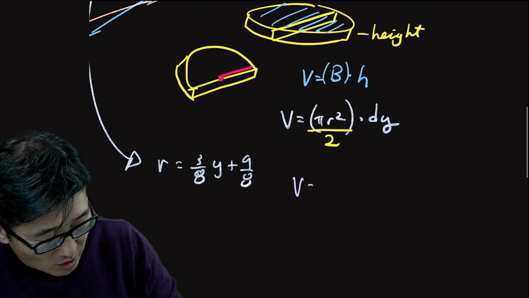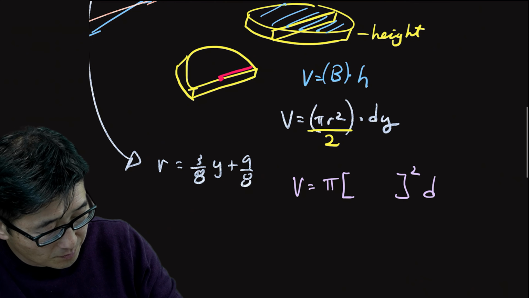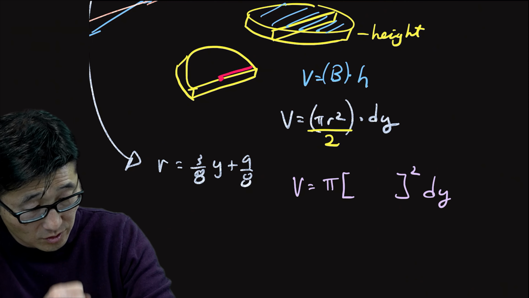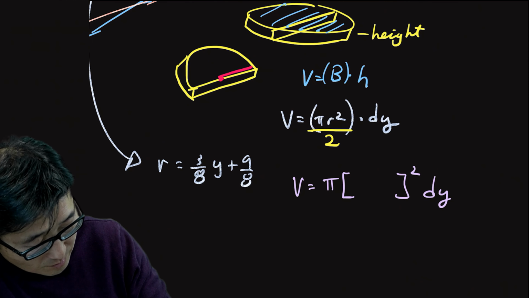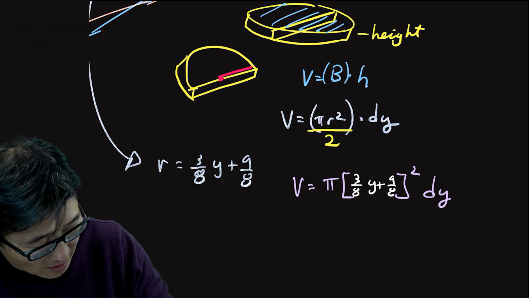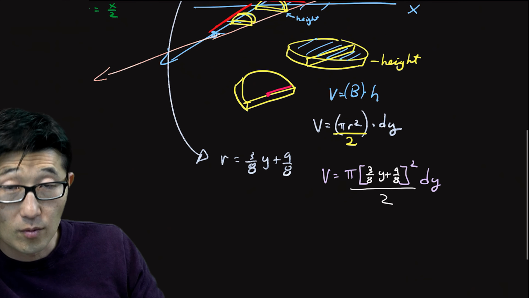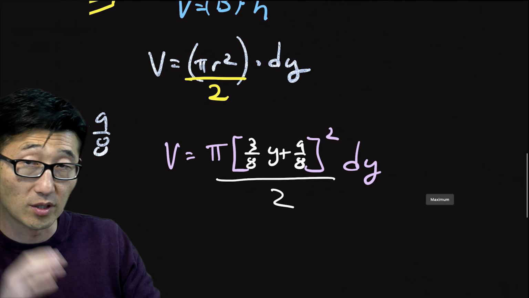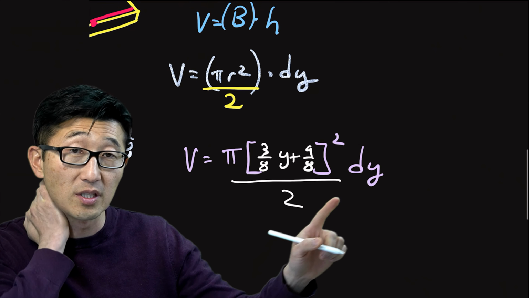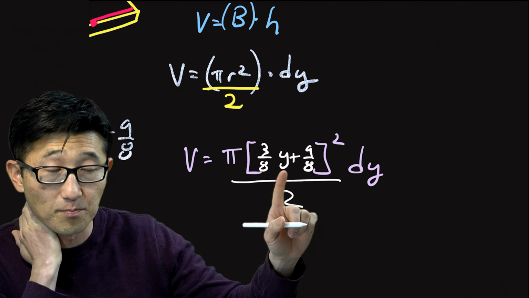Okay, so volume is equal to pi, and the radius is squared, so I'll put it in there. So this would be 3/8 y plus 9/8, and all of that divided by 2. All right, so we're pretty much done. Well, there's a couple more things we have to do, but notice dy is here, and the equation is set in terms of y.